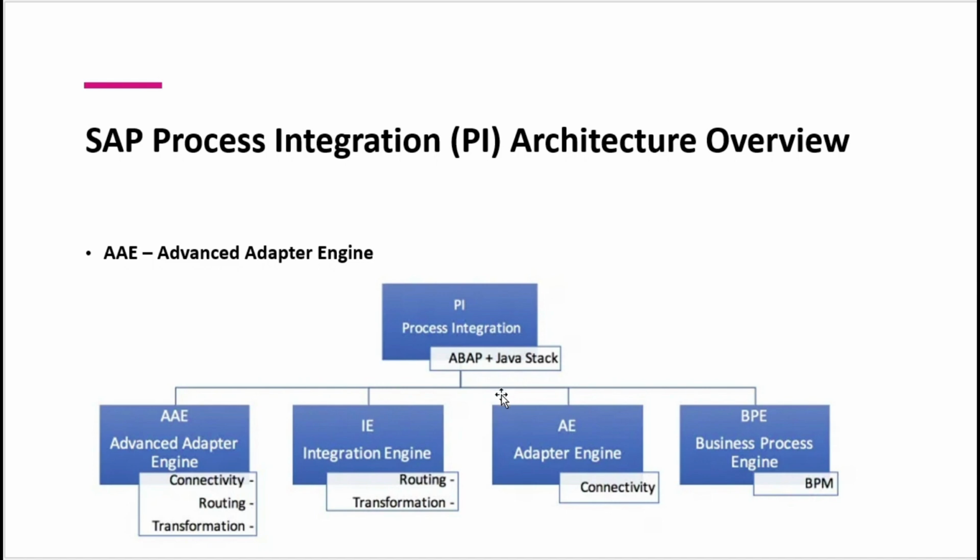Persistence was eliminated since ICO scenarios were executed independently by AS Java. What are the drawbacks now in PI? Although PI installation with AE enhanced performance in comparison to XI, improvement was still needed to extend connectivity and performance.